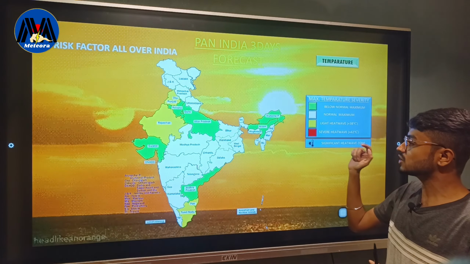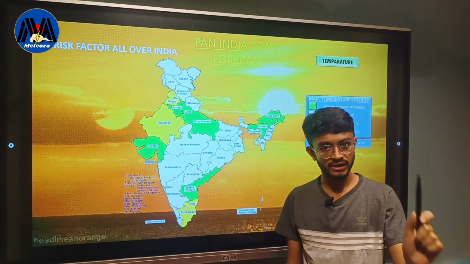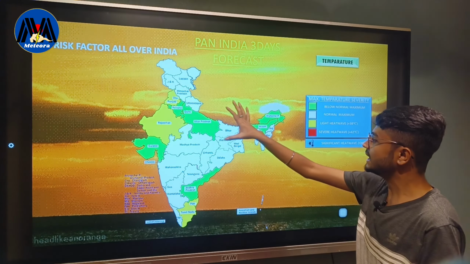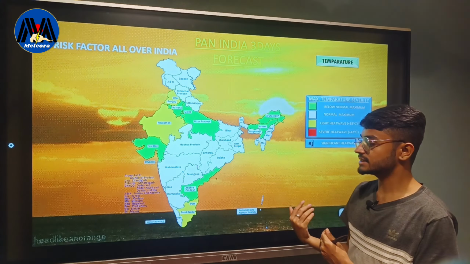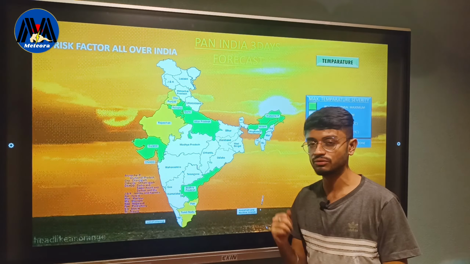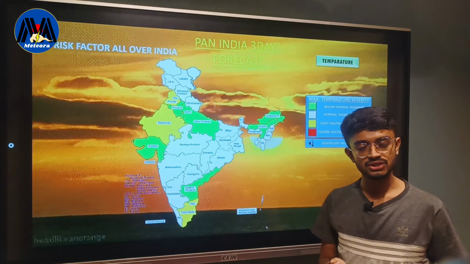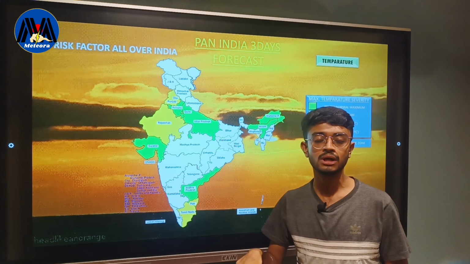But in Rajasthan and Punjab, due to the monsoon withdrawal effect, the temperature will advance, so a light heat wave condition will prevail in these places. And in Tamil Nadu, which I left out, there will also be a light heat wave condition, as there will be significantly less rainfall compared to all the South Indian states.